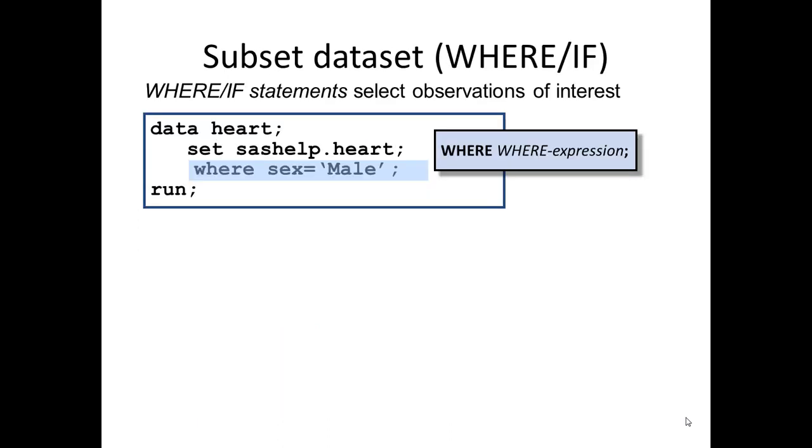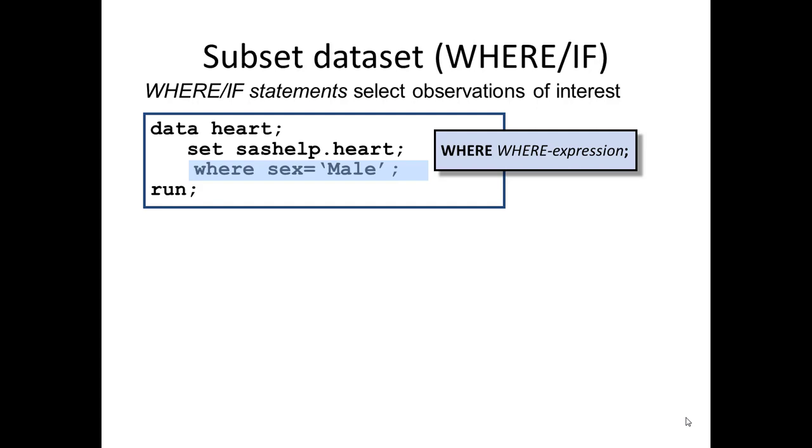If we're particularly interested in subsetting a data set, so only keeping observations where a particular expression is satisfied, we can use either a where or an if statement to select our observations. So in this instance, a where expression is shown there.